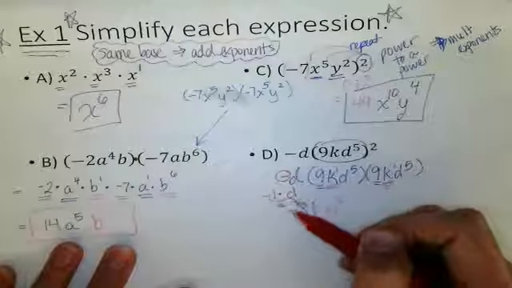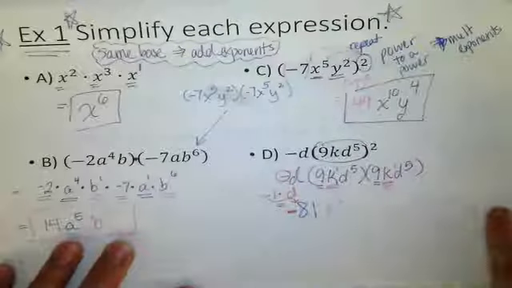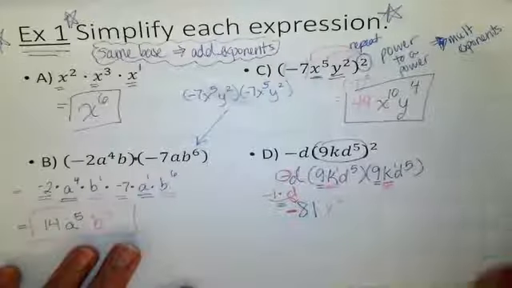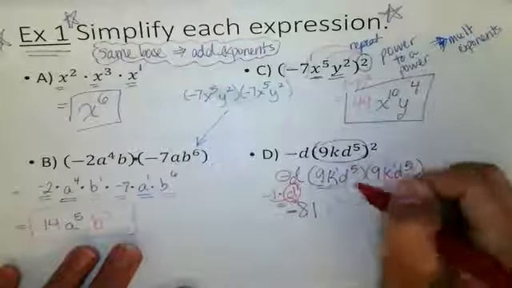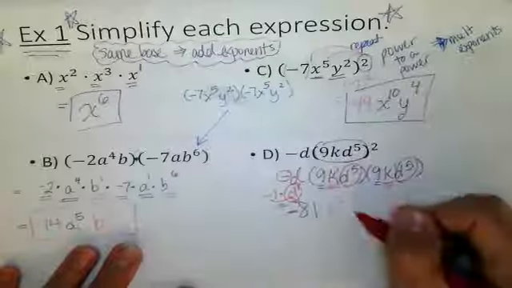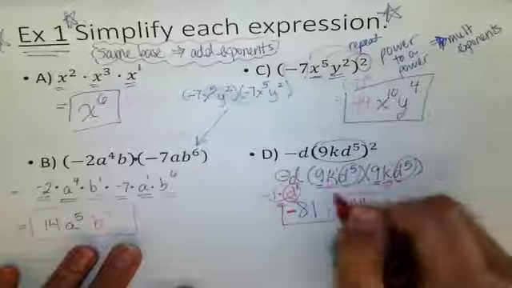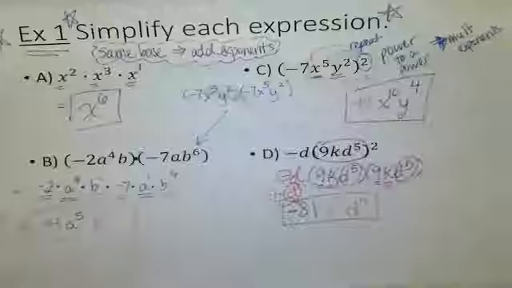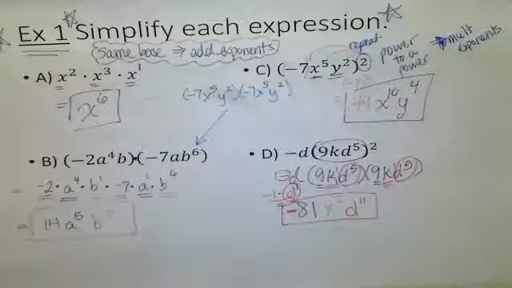Multiply by 81. It's going to become negative 81, okay? Now I've got to worry about my d's here. I've got a d to the 1st, a d to the 5th, and a d to the 5th, which gives me d to the 11th. Okay. Questions on those? You're good, right?